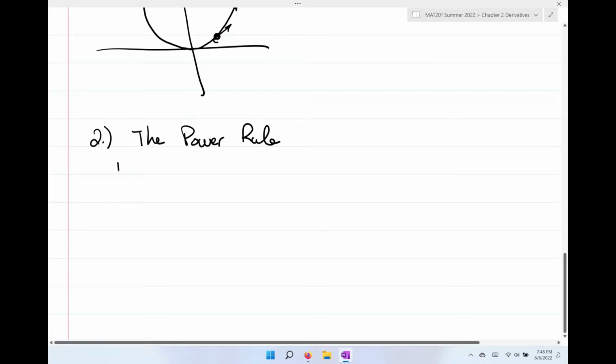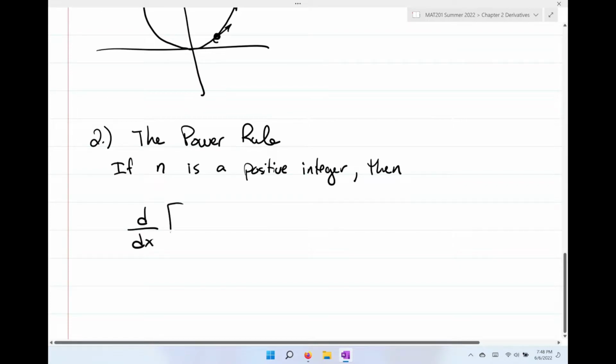So if n is a positive integer, then the derivative of some function of x raised to an exponent is equal to n times x to the n minus 1 power.